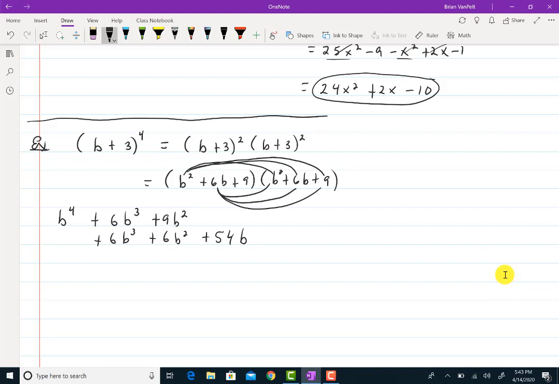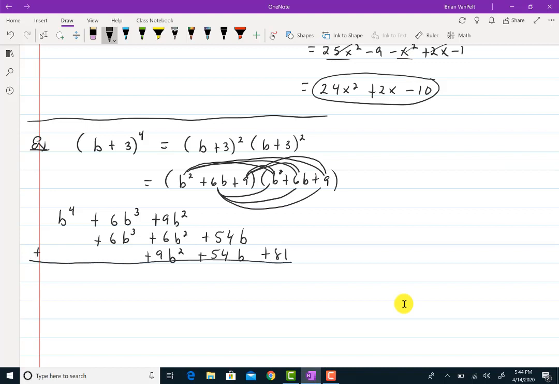And then I'm ready to run the 9s. So we have 9 times b squared will be 9b squared. Then 9 times a 6b will be 54b. And then 9 times 9 will be 81.